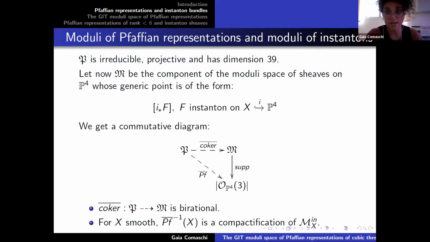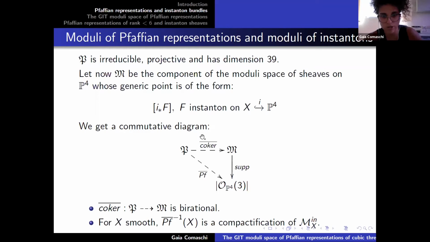If we take then M, the component of the moduli space of sheaves in P4 whose generic point is an instanton supported on a smooth cubic, then we get a commutative diagram of this kind, where this map is birational.